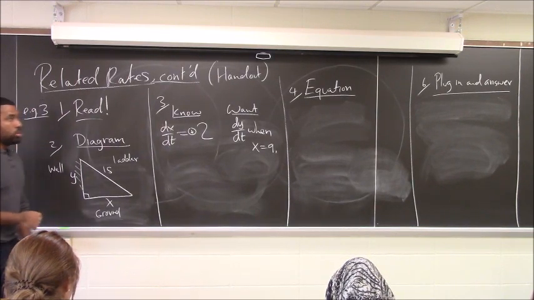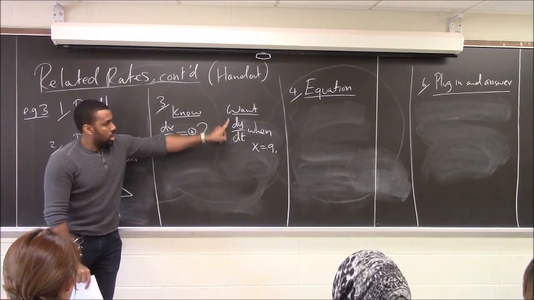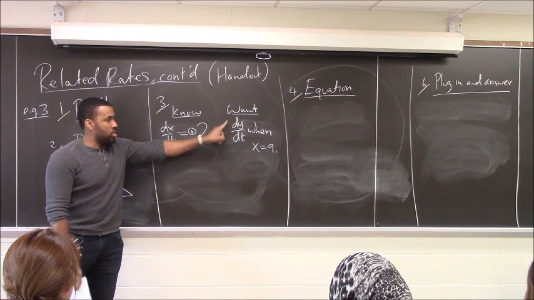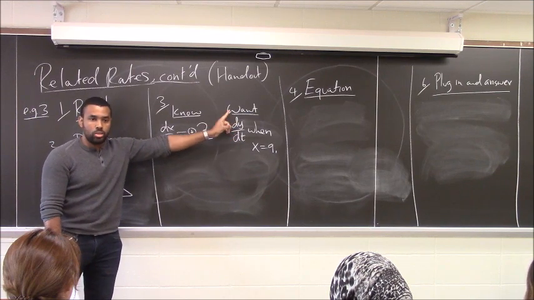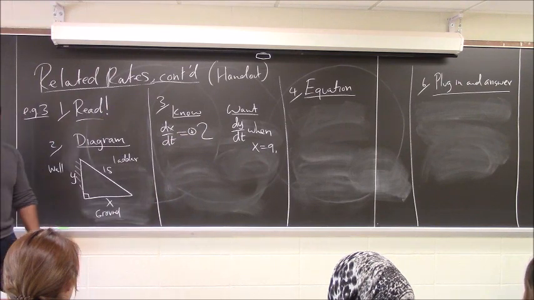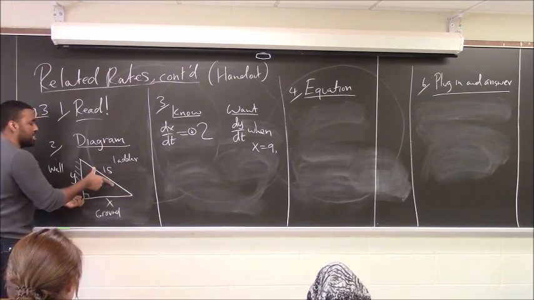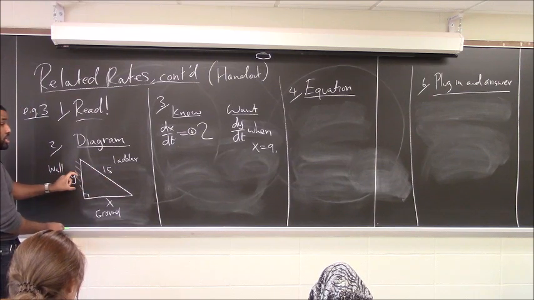Okay, now, question. What can you tell me about what you expect to happen with this value? It's going to be negative. Why is it going to be negative? Because when this is moving and this is maintaining length, this will be decreasing.